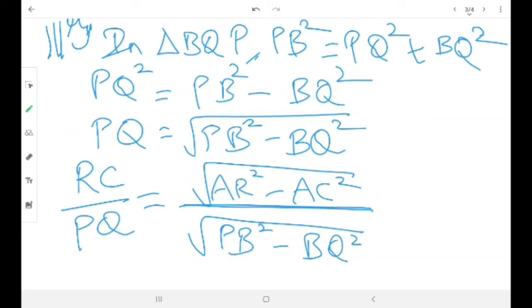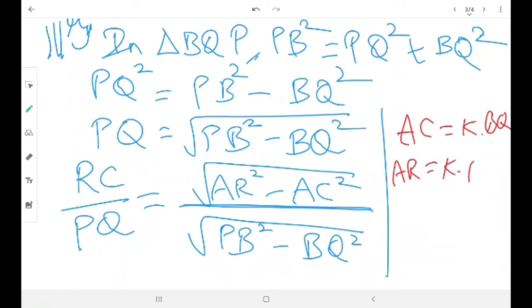We have to substitute the values of AC and AR in this equation. Already we found that AC is equal to K into BQ and AR is equal to K into PB. Let us substitute these AC and AR values here.